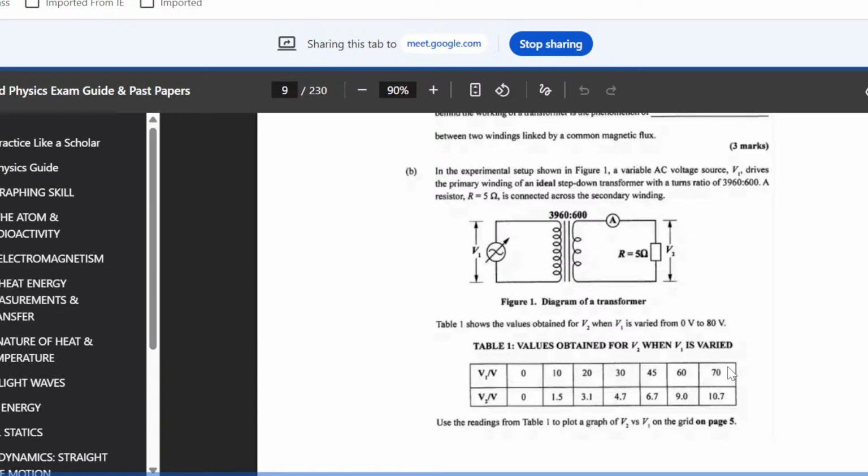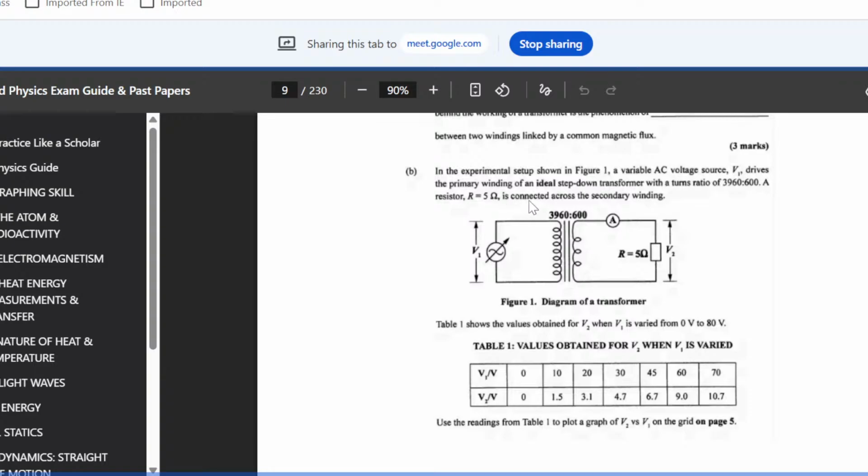So in the experimental setup shown in figure 1, a variable AC voltage source V1 drives the primary winding of an ideal step down transformer with a turns ratio of 3960 to 600.